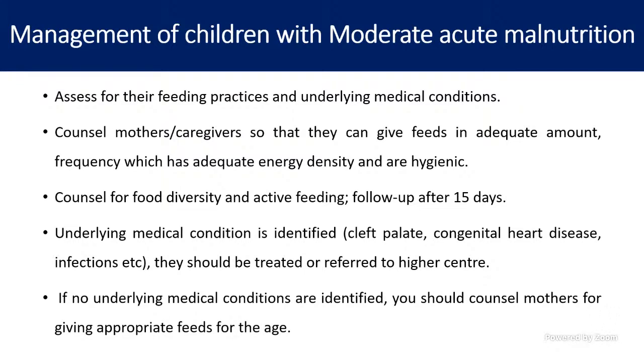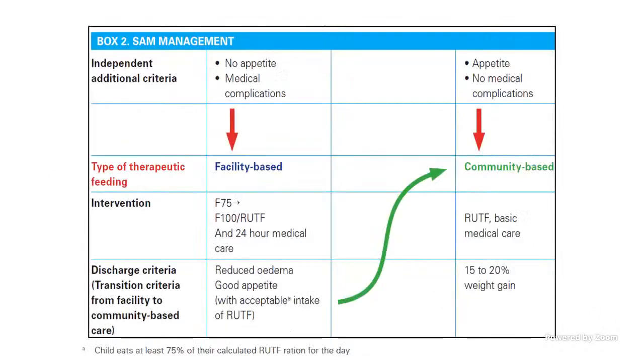But in children where we define SAM, what was the definition? Where the mid-arm circumference was less than 11.5, where there was edema, or visible wasting. In such conditions, we need to admit this child. Okay, so in SAM management, where we have seen medical complications, you will admit in the facility. What we have to give is F75.